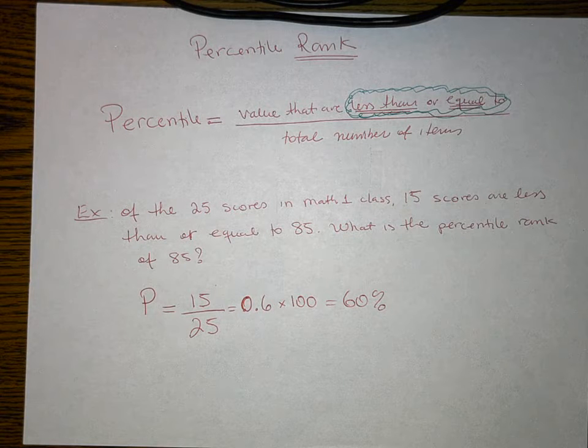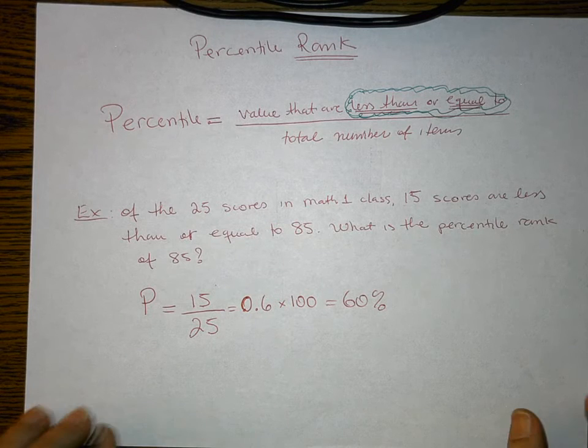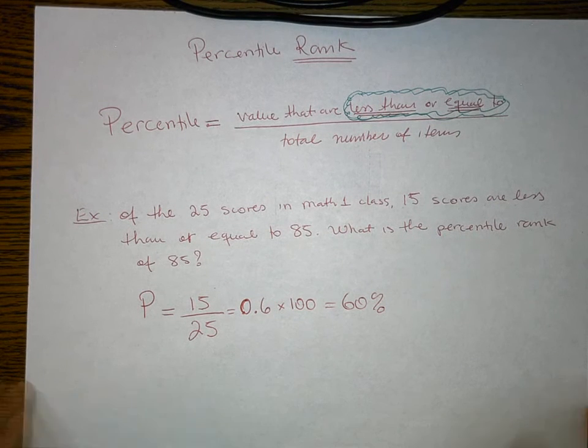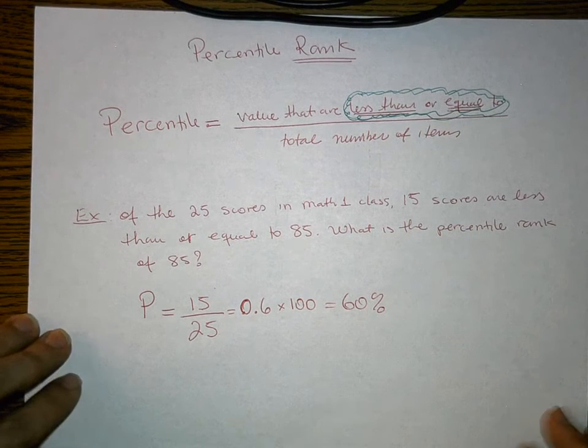So that is how you do a percentile. It's just the score that is less than or equal to, divided by the total number of scores. Let's do one more, especially because we got interrupted by the phone.